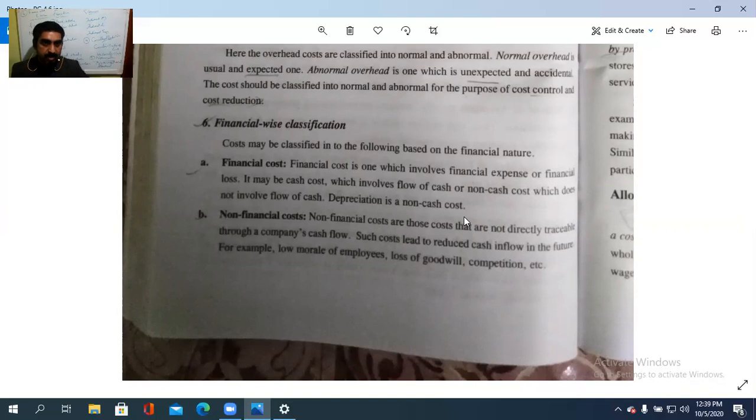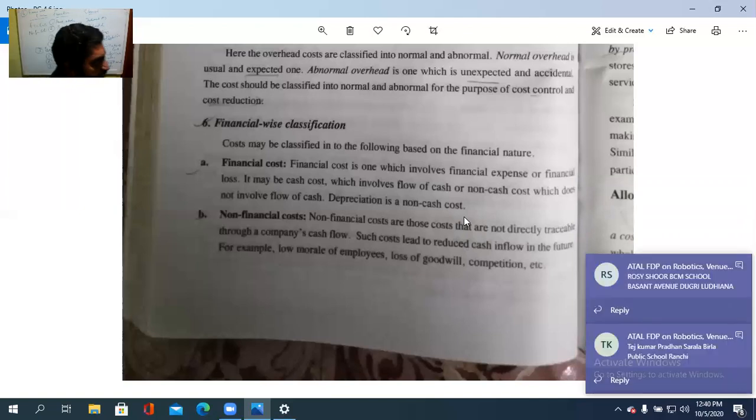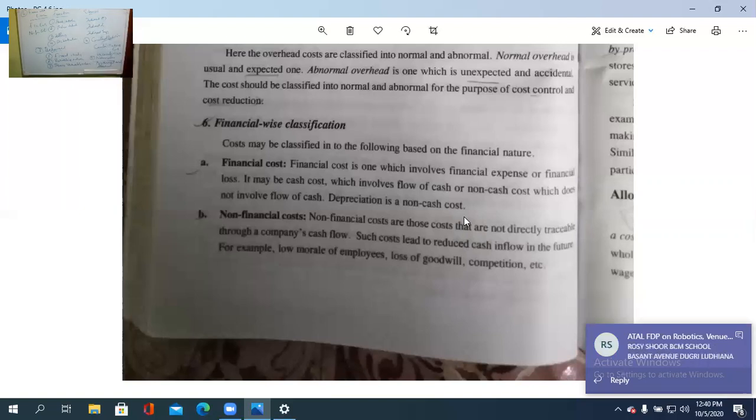It may be the cash cost that involves the flow of cash, that is the movement of cash, intake and outlay of cash, or non-cash cost which does not involve the flow of cash. For example, expenses arising from depreciation increasing or decreasing. That is financial cost, which may be on a cash basis or non-cash basis.